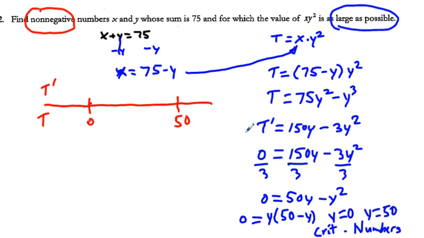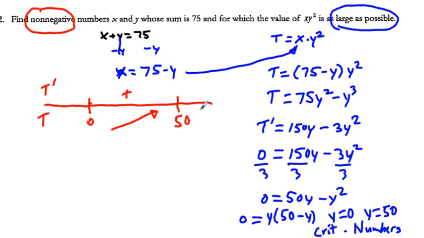But between 0 and 50, we're going to take this equation here, 0 equals 50y minus y squared. Pick a number between 0 and 50, let's say 10. Well, we'll have 50 times 10, that's going to be 500 minus 10 squared. So 500 minus 100, that's going to be positive. And so between 0 and 50, the function value is increasing.